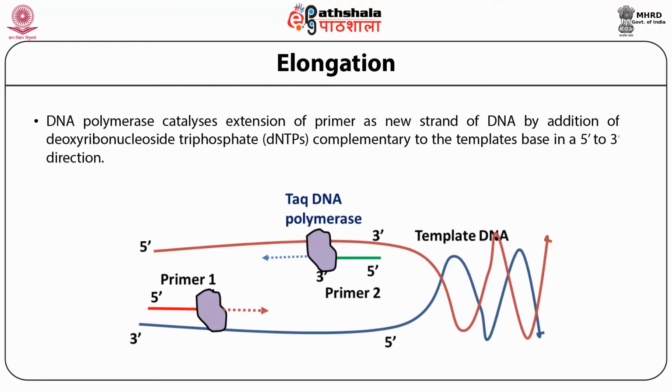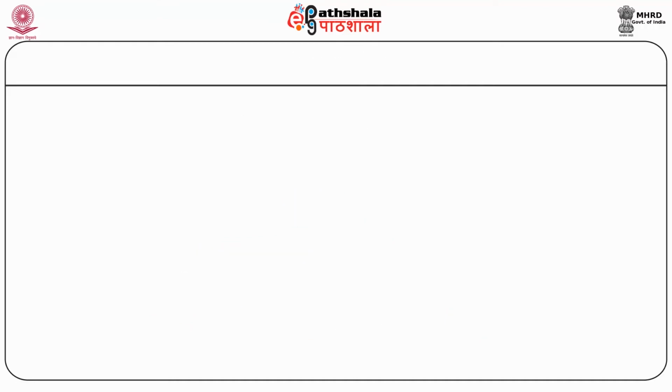The time required for this step depends both on the length of the target DNA to be amplified and on the efficiency of the DNA polymerase used. In general, DNA polymerase can add 1000 bases per minute. At each extension step, the amount of DNA target is doubled.